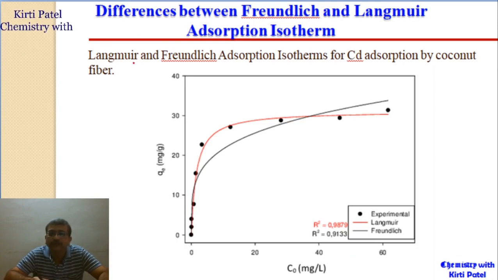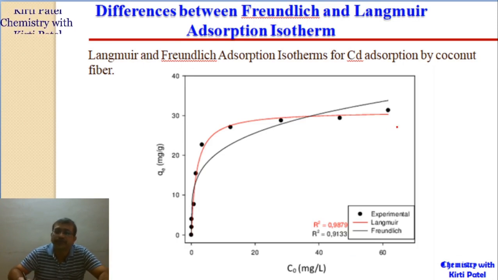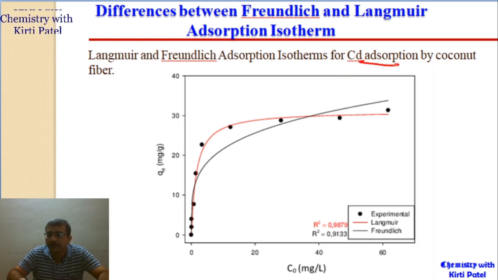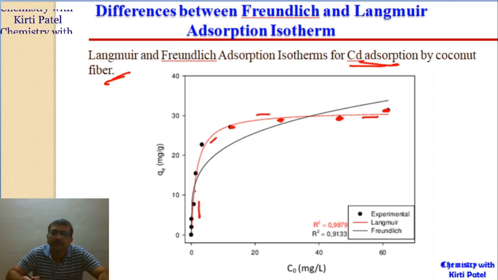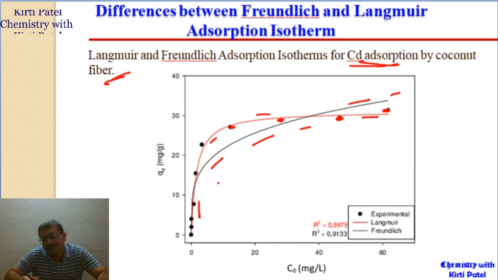One example of Langmuir and Freundlich adsorption isotherms is the adsorption of cadmium on coconut fiber. Experimentally, these black dots are for the experimental values, while the red line is for Langmuir's adsorption isotherm and this black line is for the Freundlich adsorption isotherm.